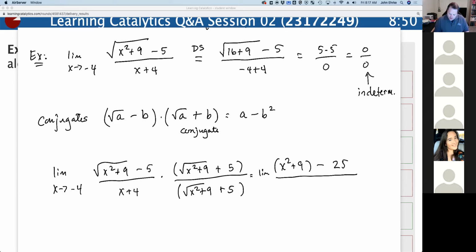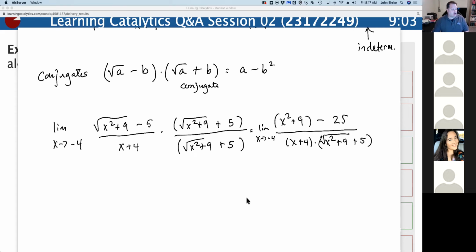The new denominator is just going to be x plus 4 times that conjugate. Like I said, don't try and put those together, leave them separate, because you're just going to evaluate it here in a bit.